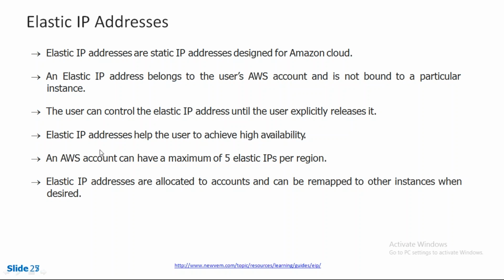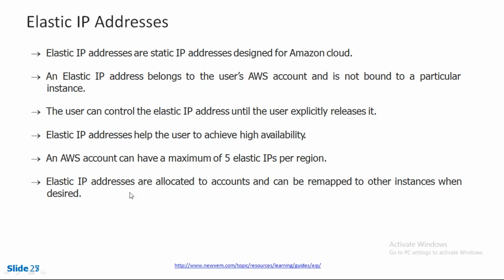And elastic IP addresses help the user to achieve high availability. Whenever you stop and start your instance, automatically your public IP address changes. When you want a static IP address, you will go with an elastic IP address. An Amazon account can have a maximum of 5 elastic IPs per region. So this is the limit. Each region you can have only 5 elastic IP addresses, not more than that.